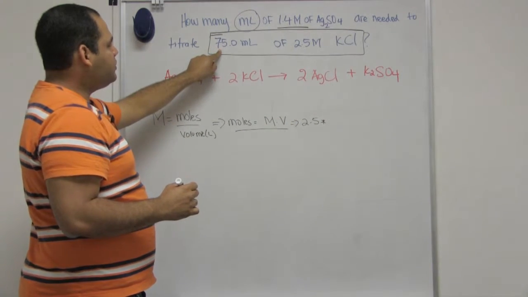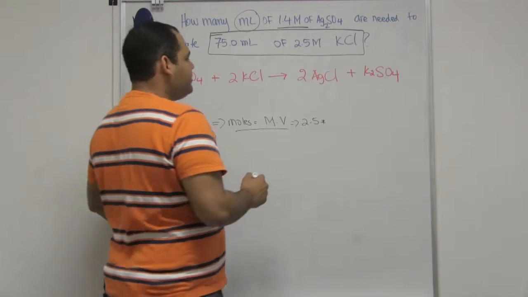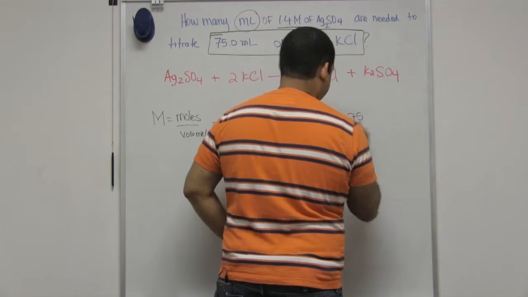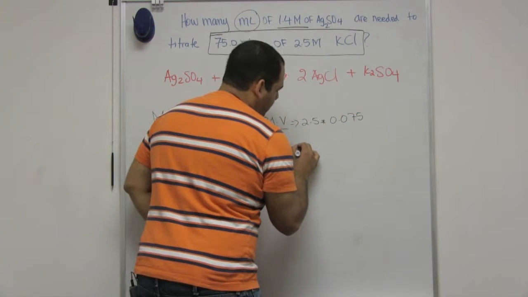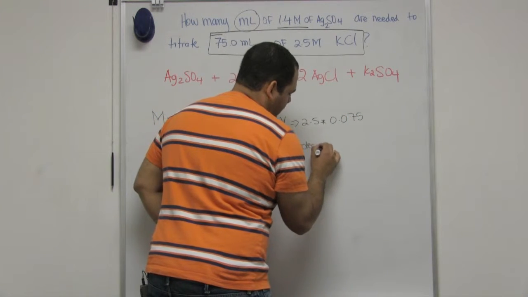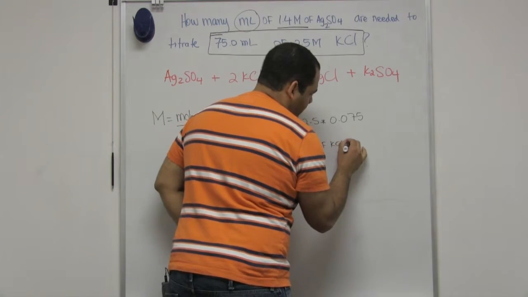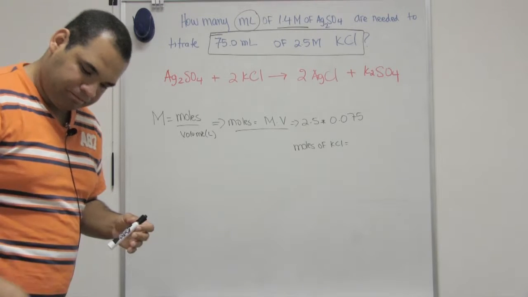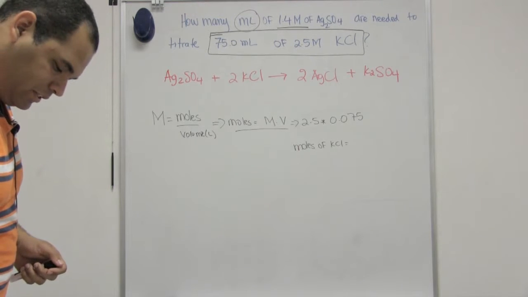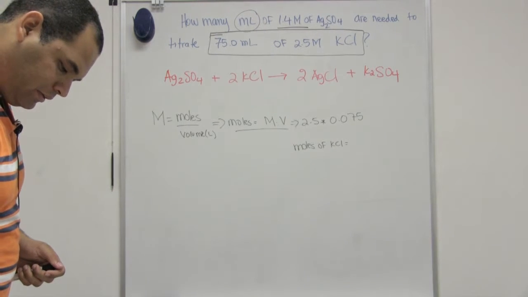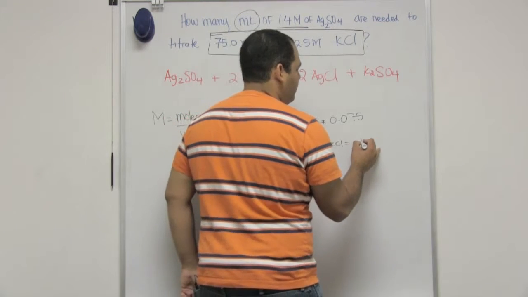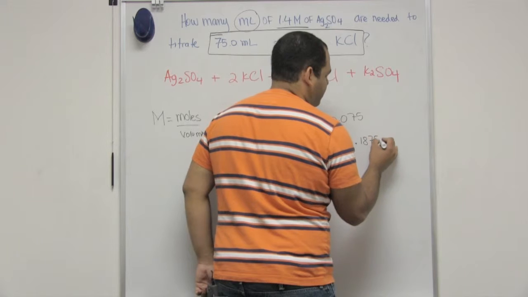I multiply by 10 to the negative 3, giving me 0.075. So the moles of KCl is 0.1875 moles.